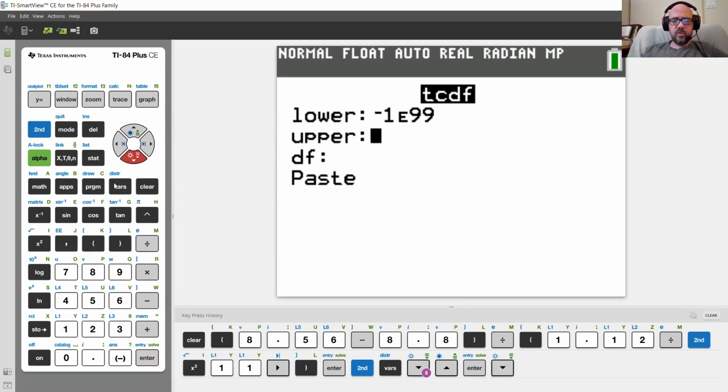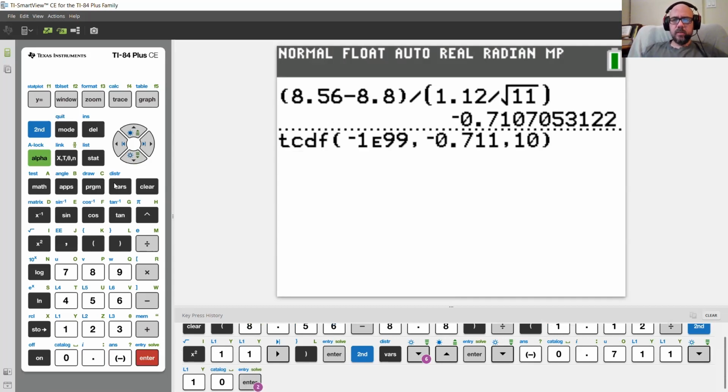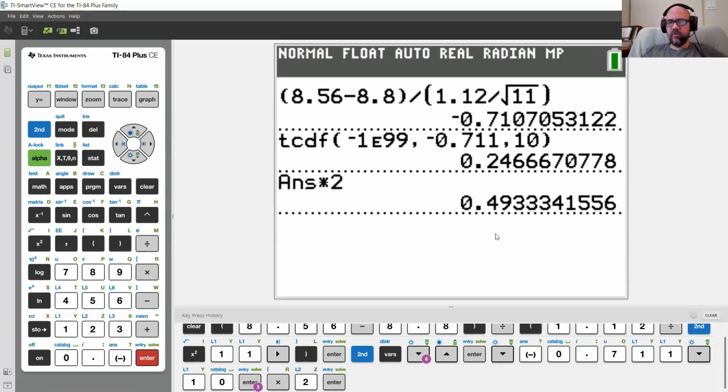Our upper value was negative 0.711. And the degrees of freedom was 10. Paste that in. There we go. Oh, I have to multiply that by 2 because I'm doing both sides, right? This is just the left side, so it's 0.2467 for one side. And so both sides together is 0.4933.